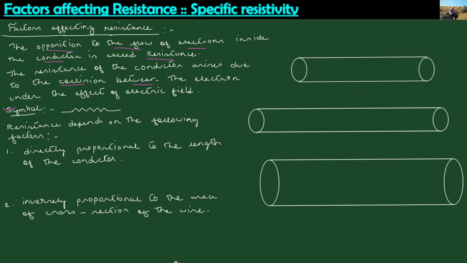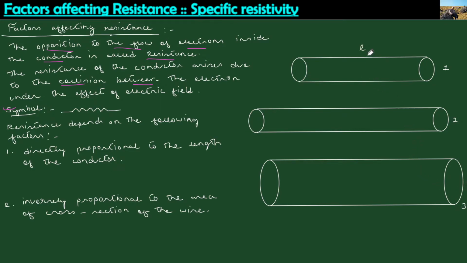So from here, when you look at this diagram, this is the first conductor, the second conductor, and the third conductor.